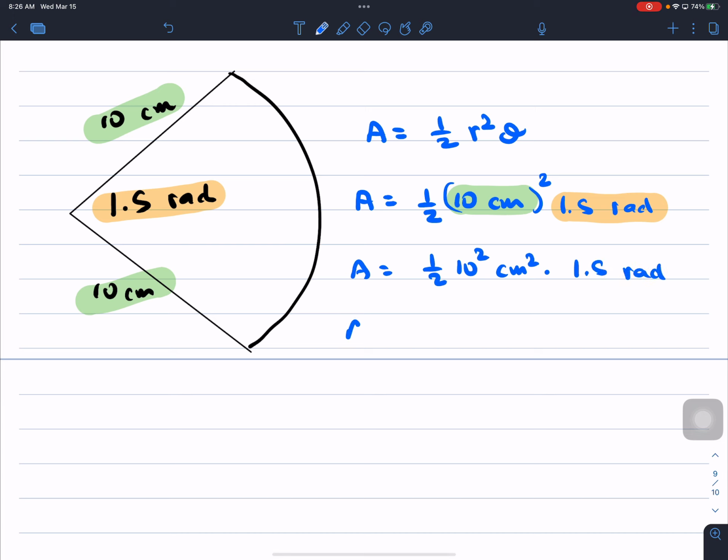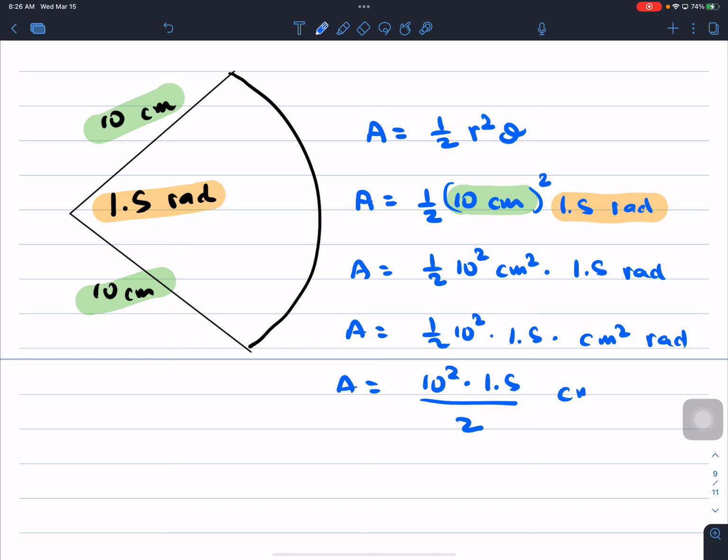What happens when you switch out your units? You get centimeter squared times radian. Is that true? And does anybody happen to know, this is going to be 10 squared times 1.5 over 2, just centimeters squared. Why just centimeters squared?